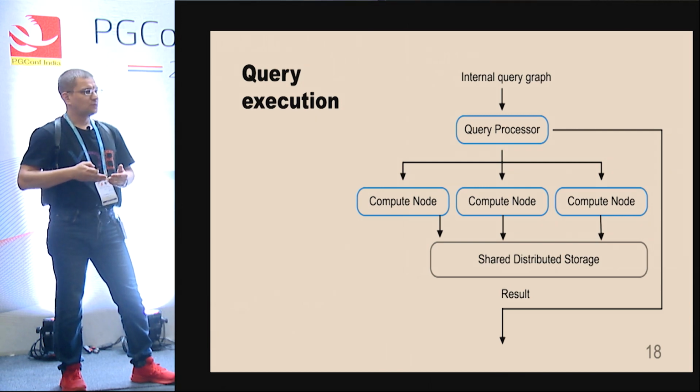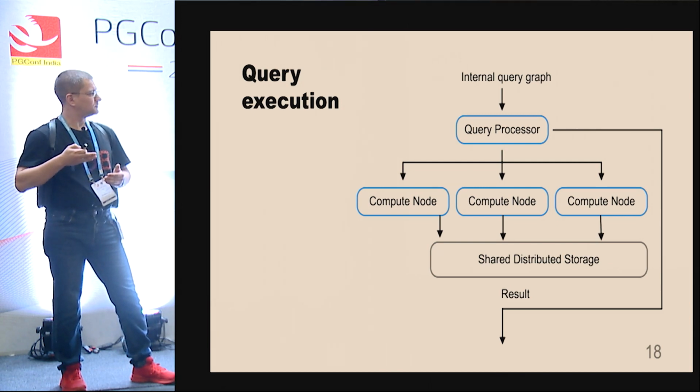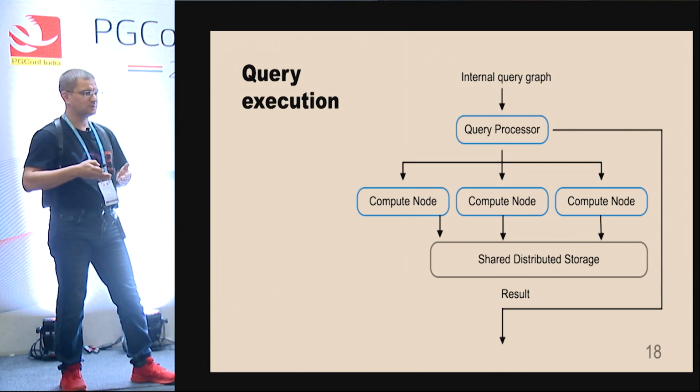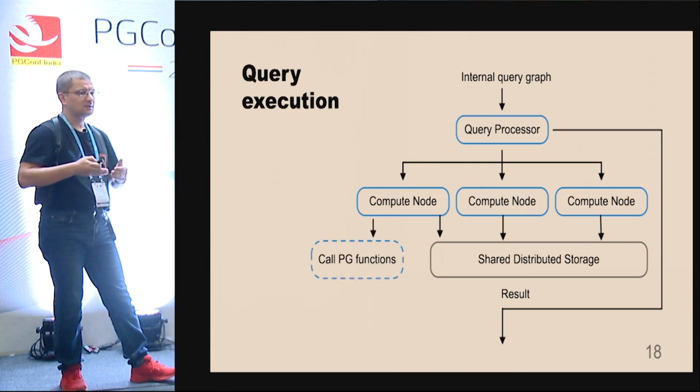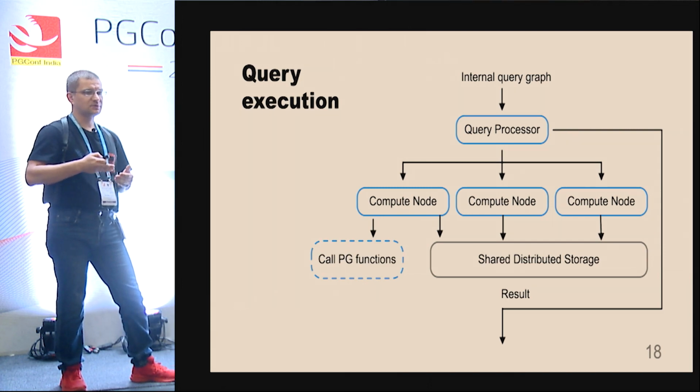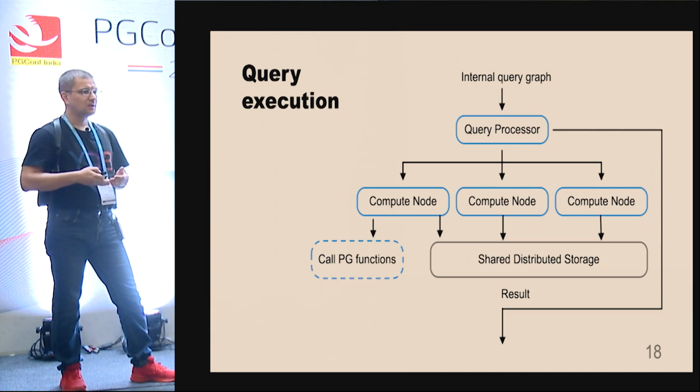At this point we need to call a Postgres function if it exists in the query. For this, the YDB compute node initializes a Postgres environment at the compute node and calls the native Postgres function for calculation.